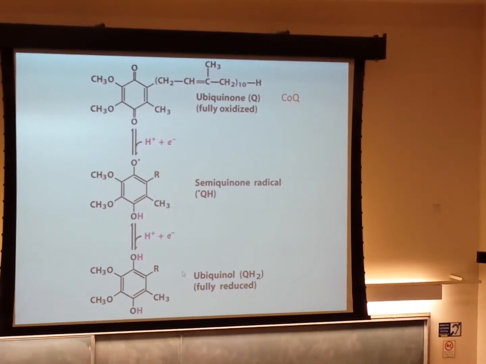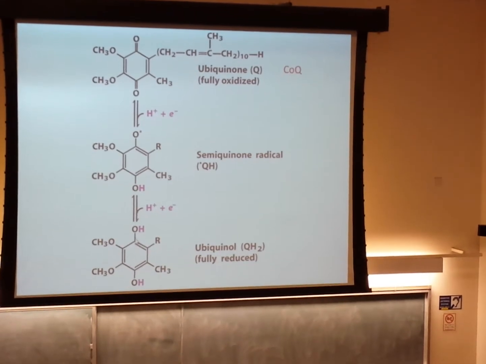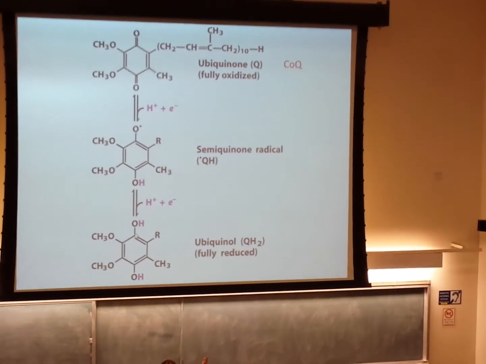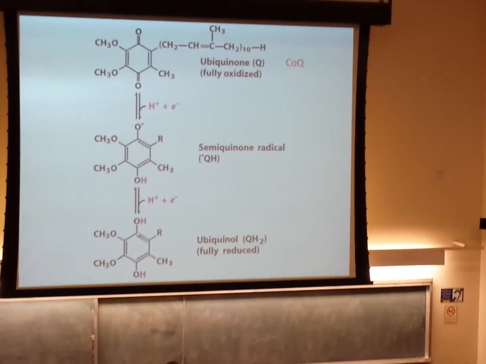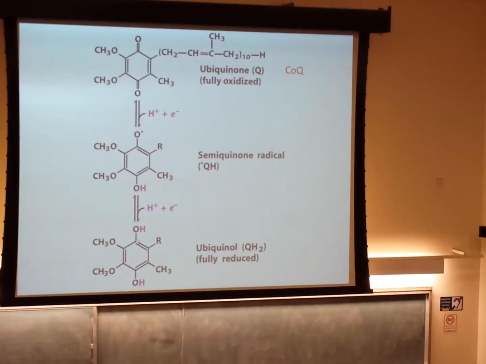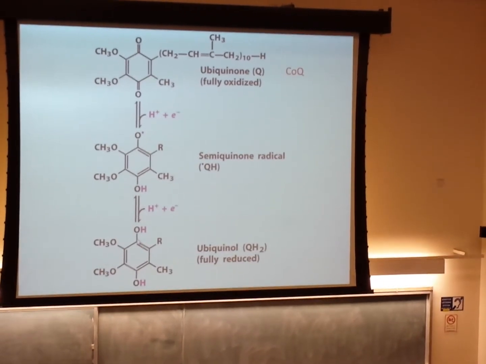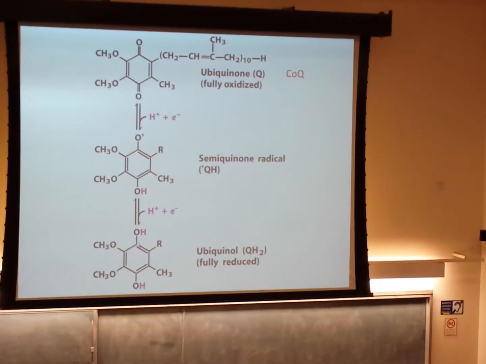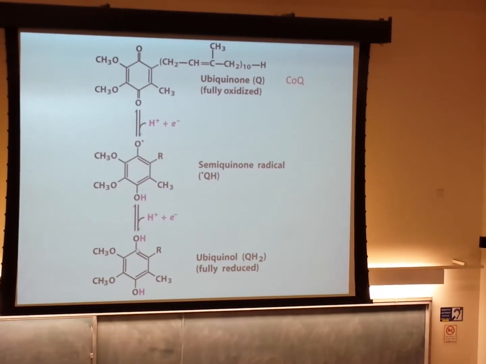This guy is going to be involved, as we saw in a previous slide, in donating of protons across the membrane as part of the proton gradient. So we know for sure that this guy's involved in complex 1 and complex 3. He's not a player in complex 4. That complex 4 is where the proton popping is occurring.